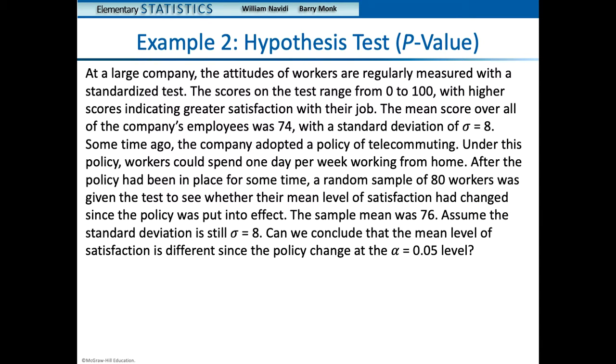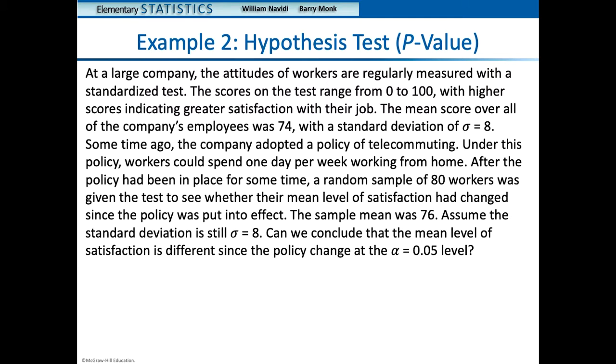Let's do another example. At a large company, the attitudes of workers are regularly measured with a standardized test. The scores on the test range from 0 to 100, with higher scores indicating greater satisfaction with their job. The mean score over all of the company's employees was 74, with a standard deviation of sigma equals 8.